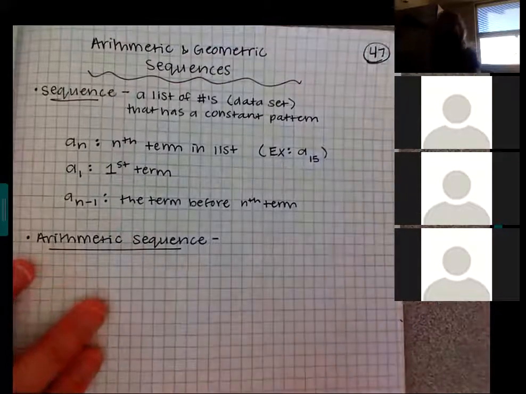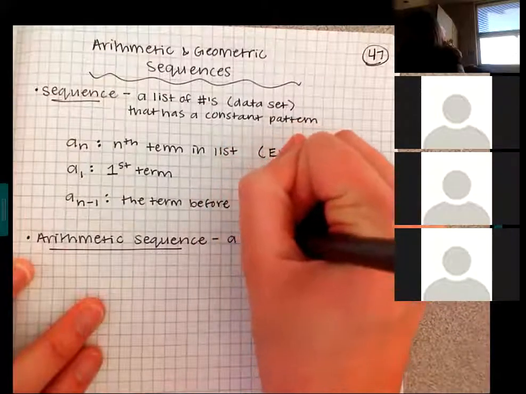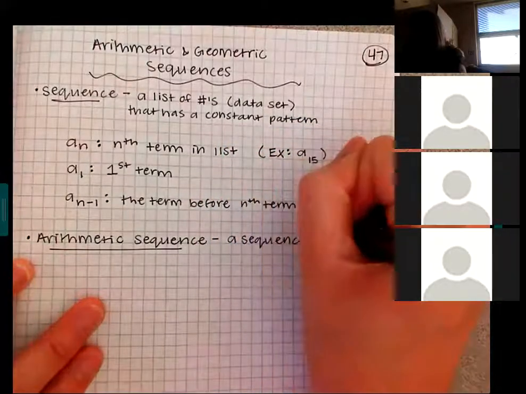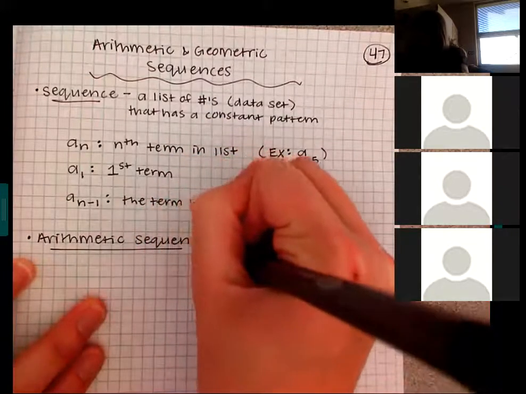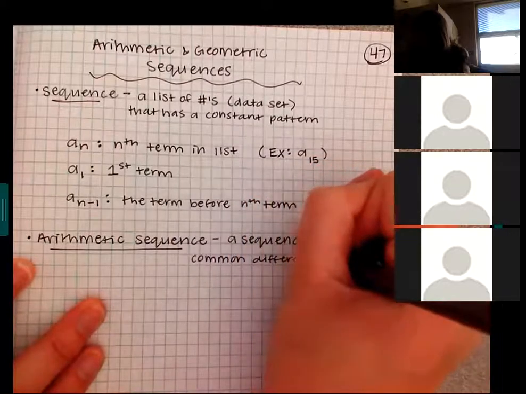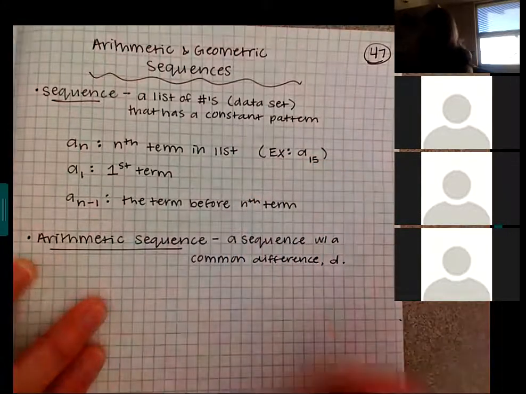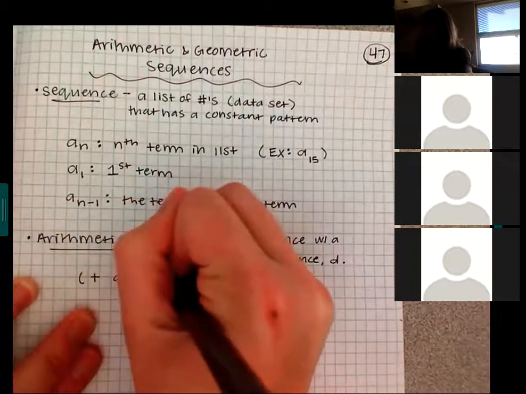So an arithmetic sequence is just a sequence with a common difference, D, which means it's either adding or subtracting.